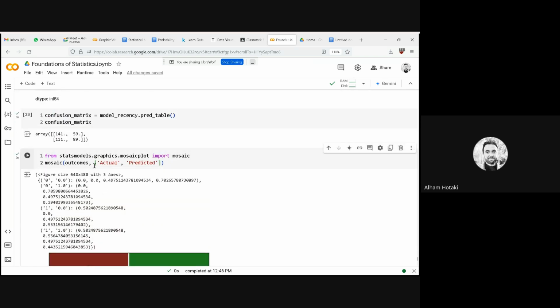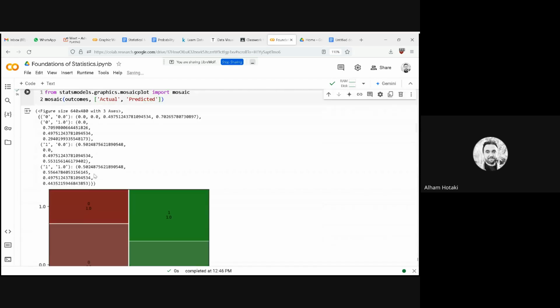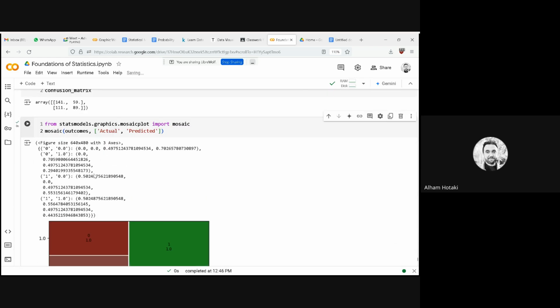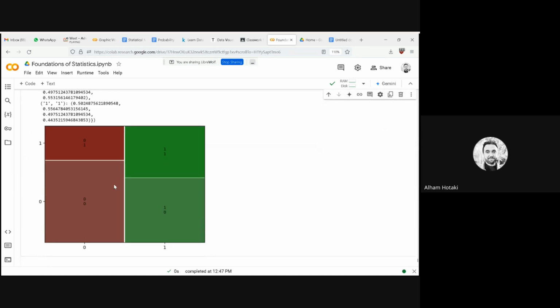And instead of this, you can put a simple confusion matrix as well. You will see.